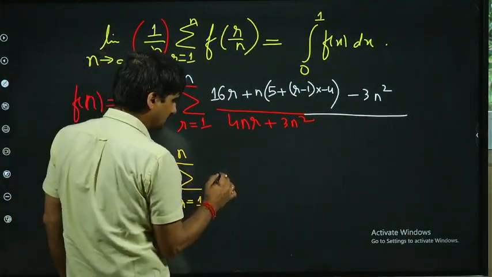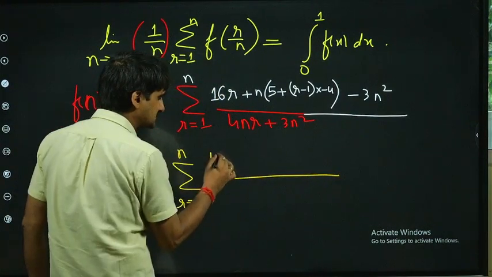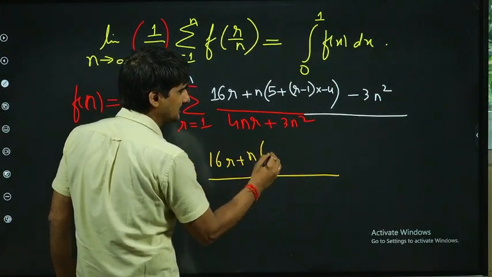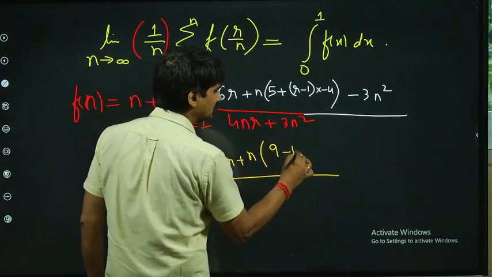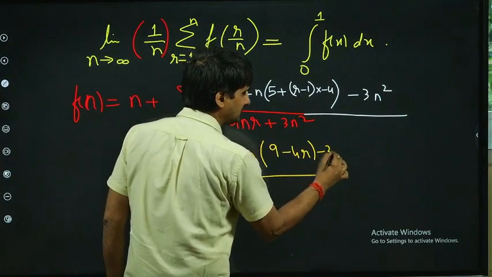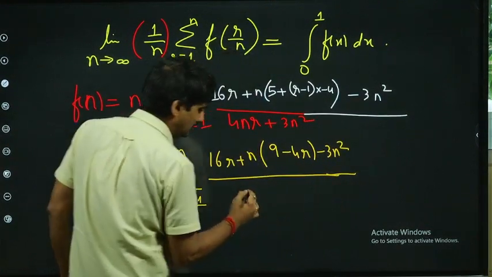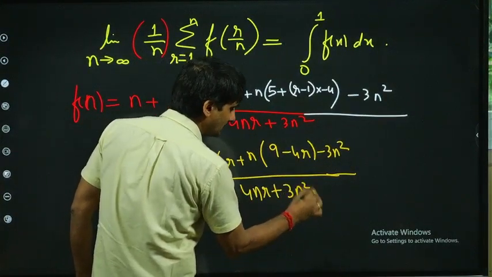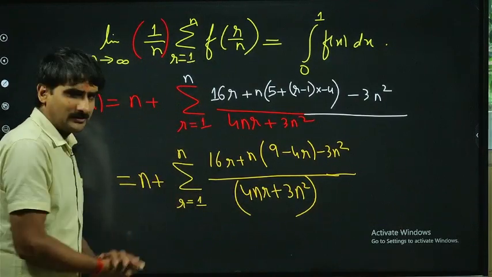Just wait for a minute. So we have 16r plus n times 9 minus 4r minus 3n squared over, see, we need to do it very patiently, bachcho. Okay, so that's what I got in the numerator.